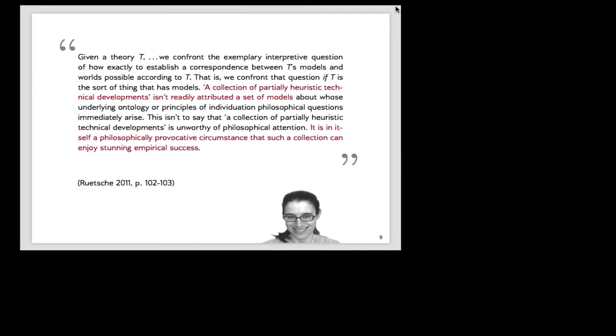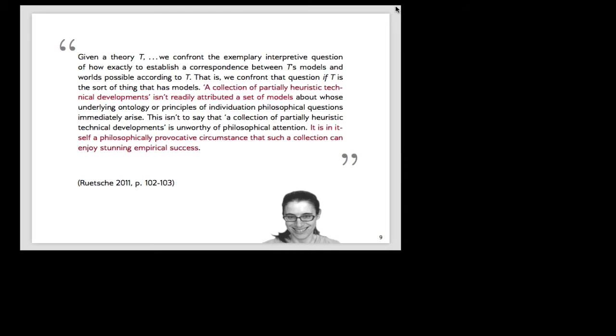So, a wild Laura appears. And I think this is reflected in the philosophical attention to the theory. And Laura says, a collection of partially heuristic technical developments isn't readily attributed to a set of models, which is a reference to Segal in the first part.